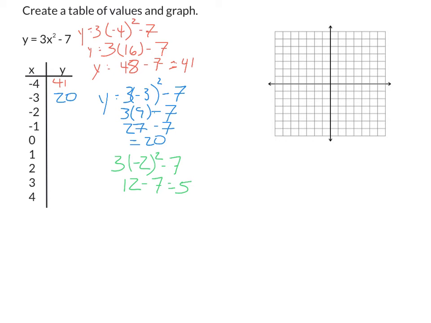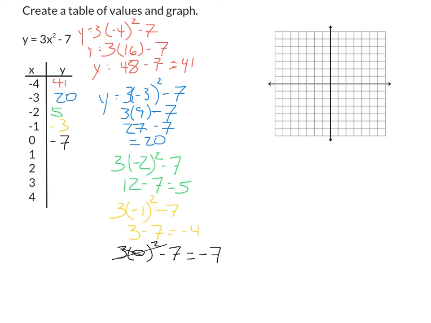We result in 5. 3 times -1 now squared minus 7. -1 squared is 1, times 3 is 3. We get -4. If we put 0 in, 0 squared is 0, times 3 is 0. Those are gone. We just result in -7.